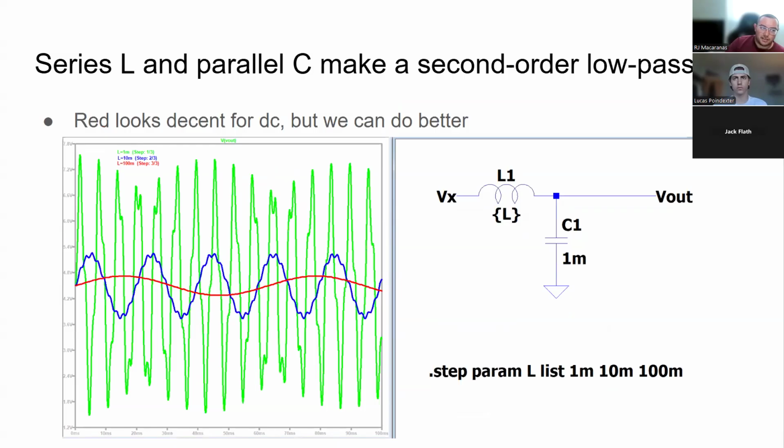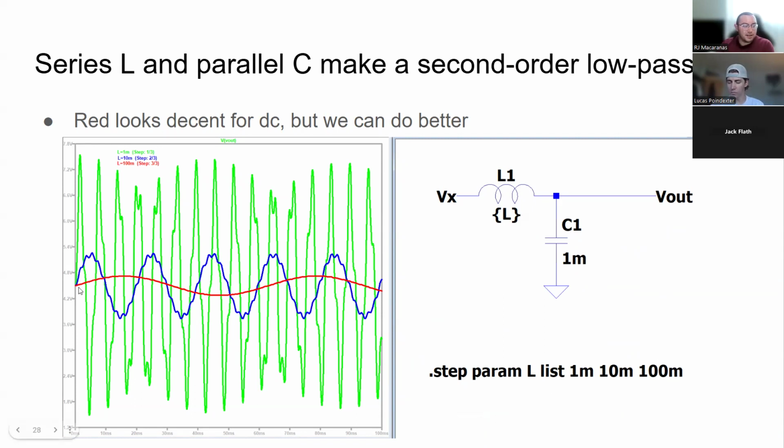And so, like I said, if we have this series inductor in the path from the switch node to the output and a parallel capacitor, parallel to the output, then we have this second order low pass filter. These things are both working to slow down the change in voltage. And if I just assume that I've got this 1 millifarad capacitor and I just observe what happens as I change the inductance value, you can kind of see how much inductance we need to make a somewhat decent DC voltage.